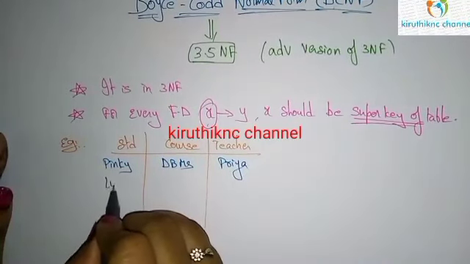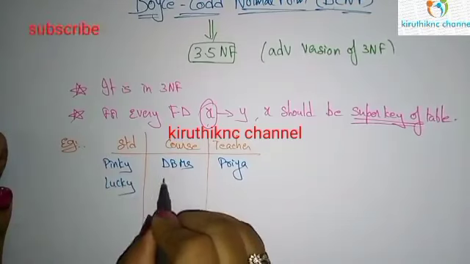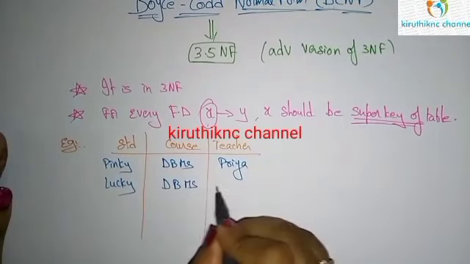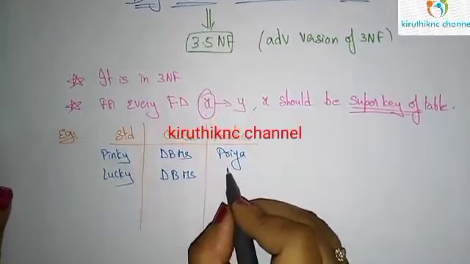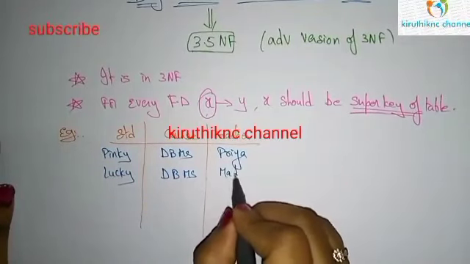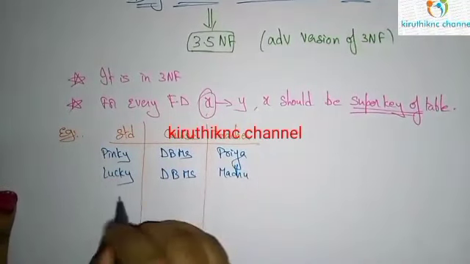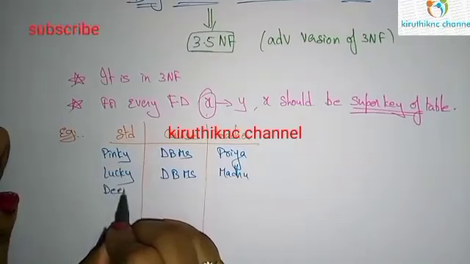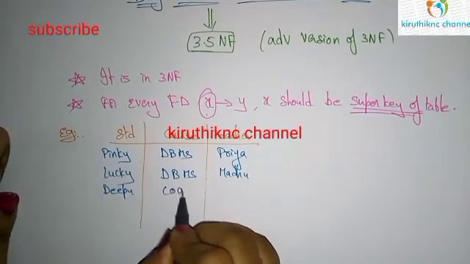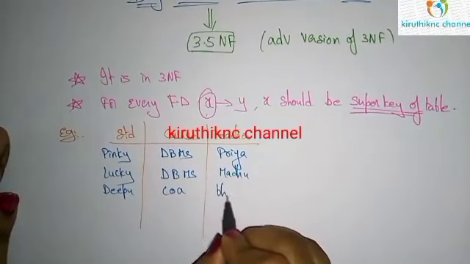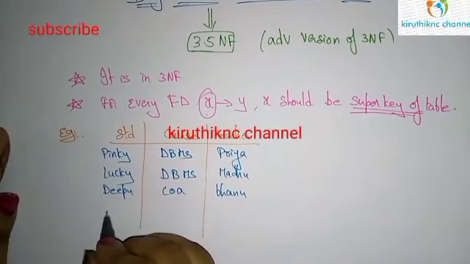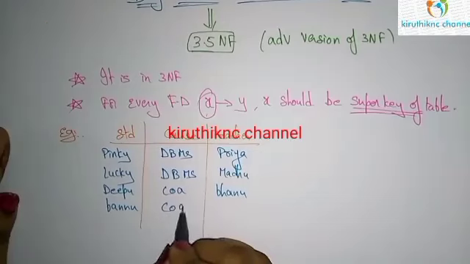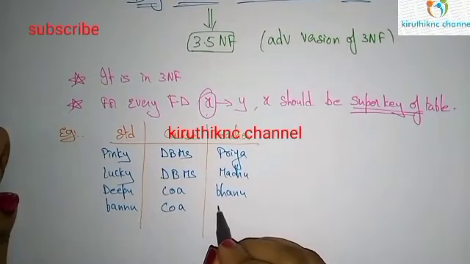Next, Lucky is also studying the course DBMS, but for Lucky another teacher, Madhu. Deepu studies COA, and the teacher is Bhanu.